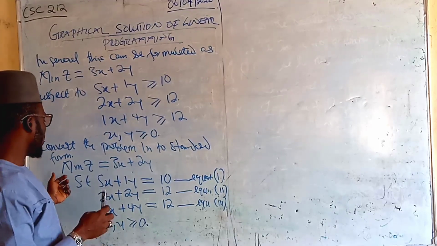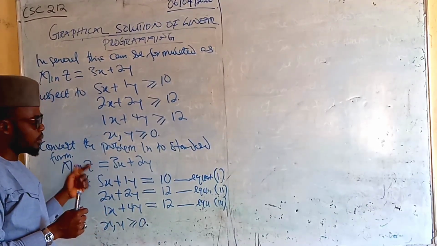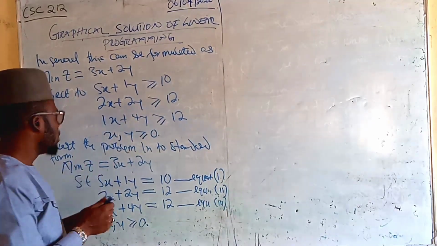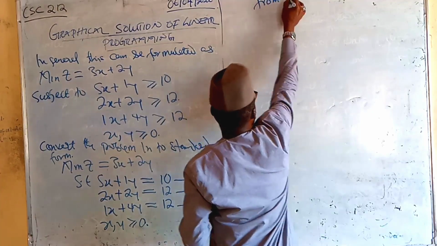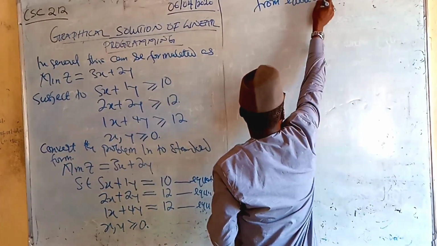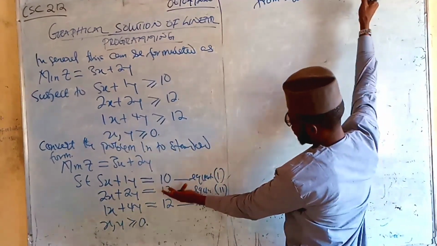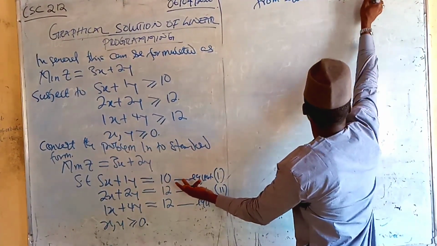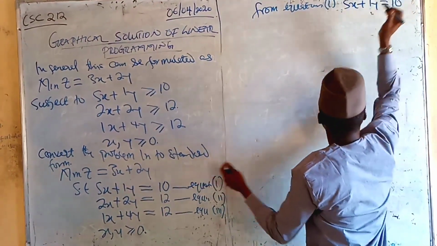Solve this problem by taking each equation and making x and y the subject of the formula. Then we are going to start from equation 1. Equation 1, which is what? 5x plus 1y, which is equals to 10.